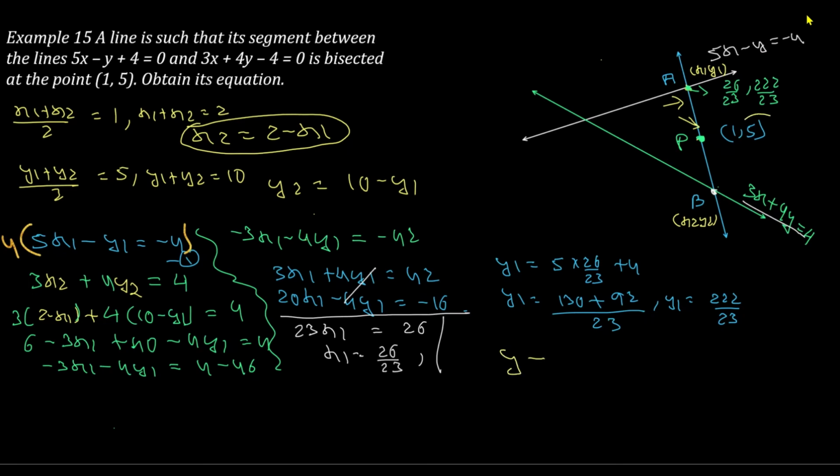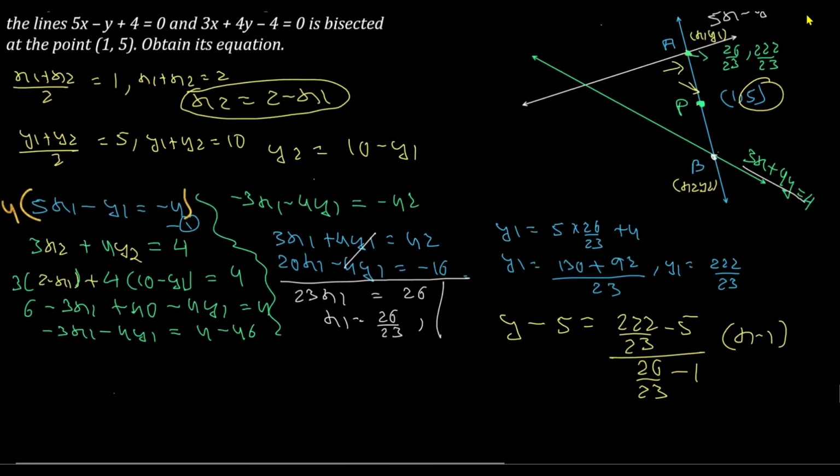As of now, I'm taking this as y1 for simpler calculation, is equal to y2 minus y1, so this minus this, which is 2 over 23 minus 5, divided by x2 minus x1, and I'm going to take this as x2: 26 over 23 minus 1, multiplied by x minus x1.